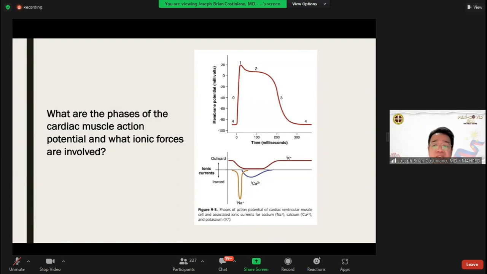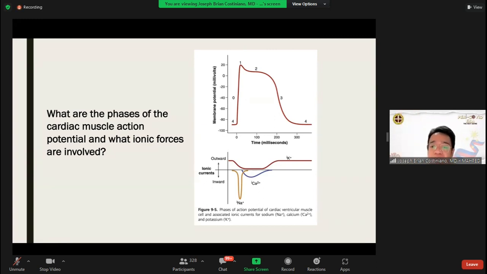So as you can see here, take a look at your phases of your action potential and the associated ionic currents. In your phase 0 upstroke to 1, which is your activation, it is caused by the inward movement of your sodium. So yung sodium, pagpasok niya, yun yung nakakapag-push ng RMP towards activation positive side.